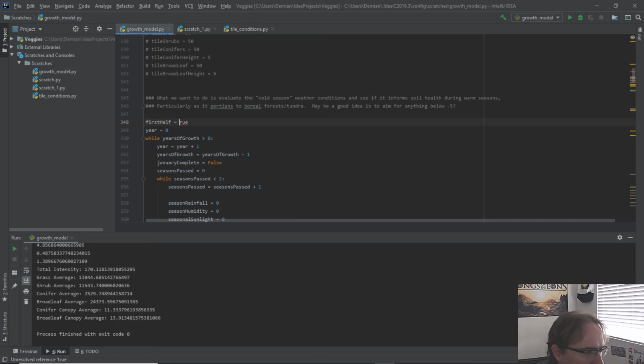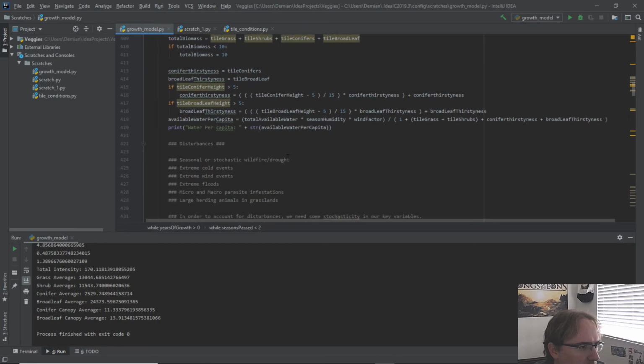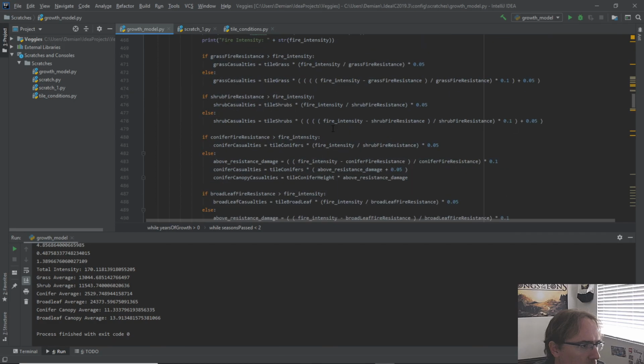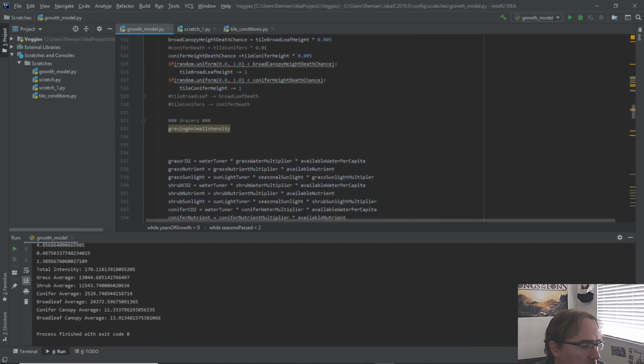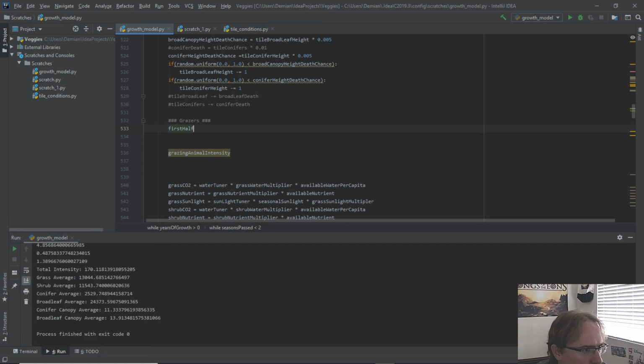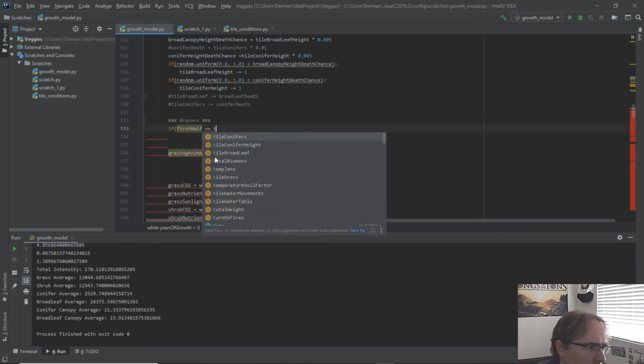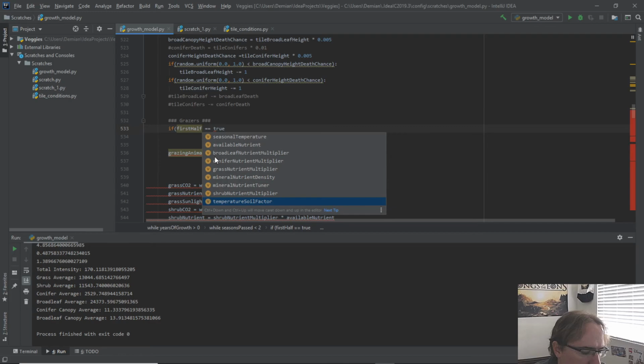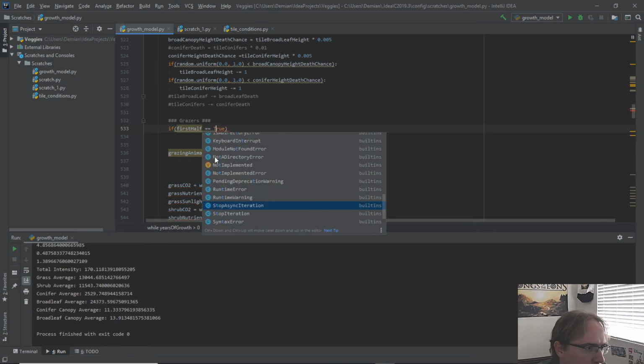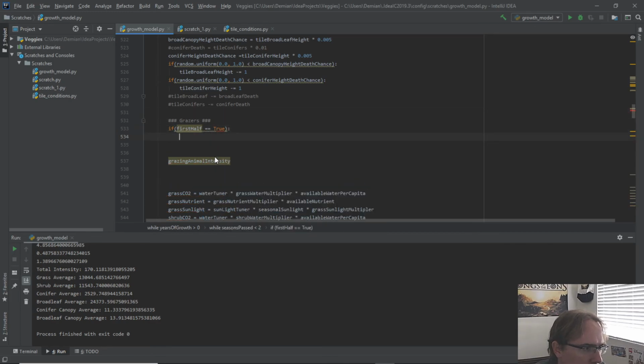So we're just going to have a Boolean. We'll flip back and forth. Animal intensity. If first half, I suck at Python. I'm sure my syntax is wrong.